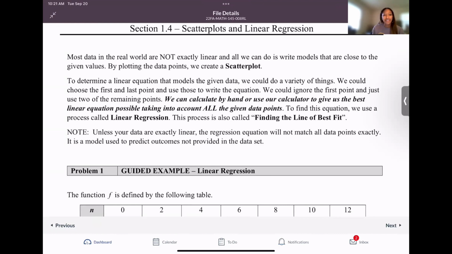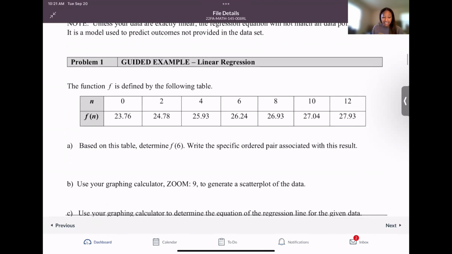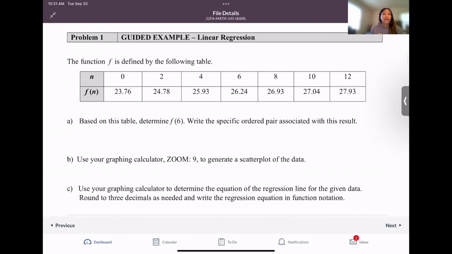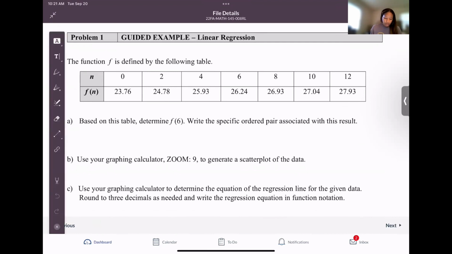All right, so the first example is a guided example. We'll start off with a table where our inputs are given to us as 0, 2, 4, 6, 8, 10, 12, and our outputs are these decimals. Part A says, based on the table, determine f of 6 and write a specific ordered pair associated with the results.